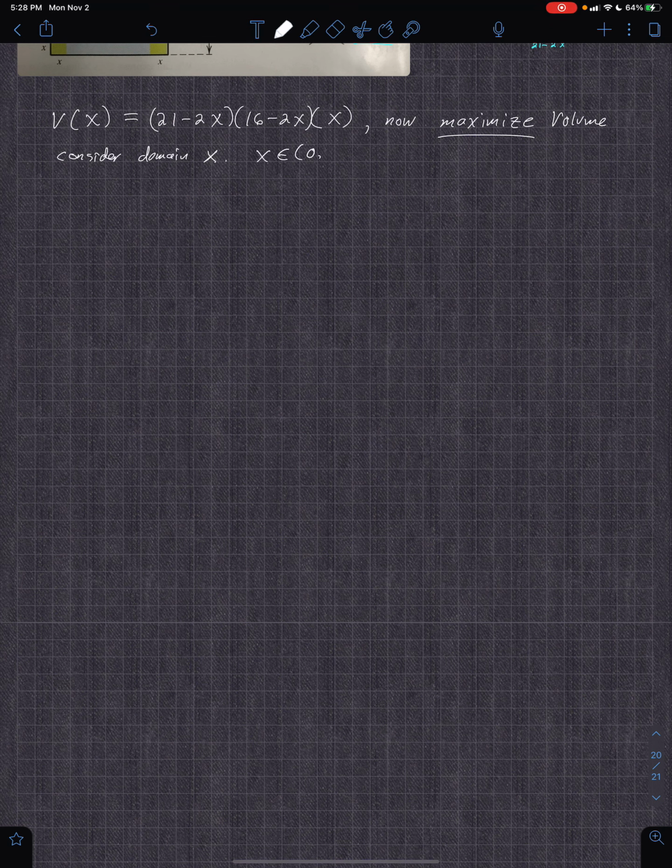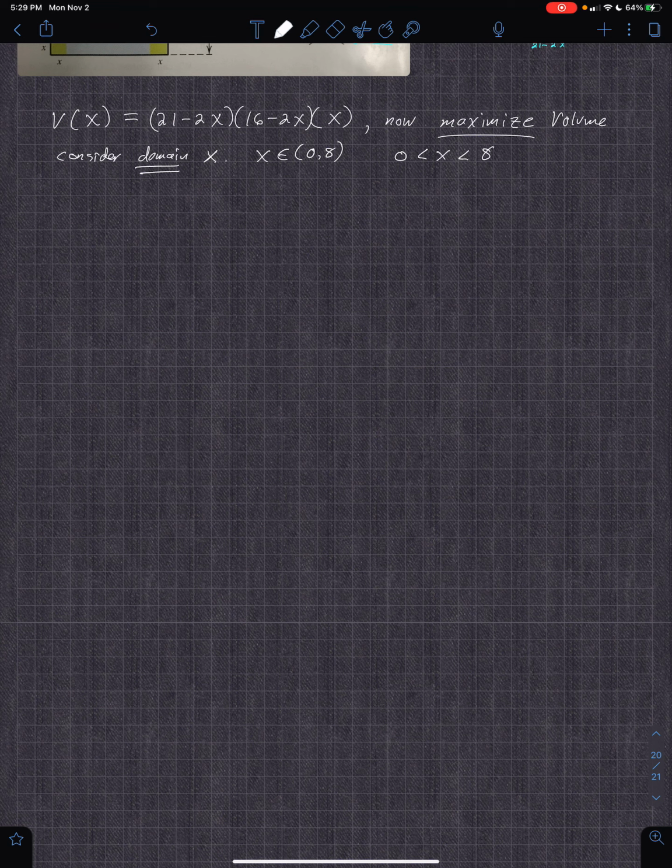So domain is 0 to 8. This is probably the notation you see in the book, but this notation is heading towards higher levels, basically. So that's the domain of your value. You can test endpoints, but it really wouldn't make sense. So you have to find a maximum value within that.